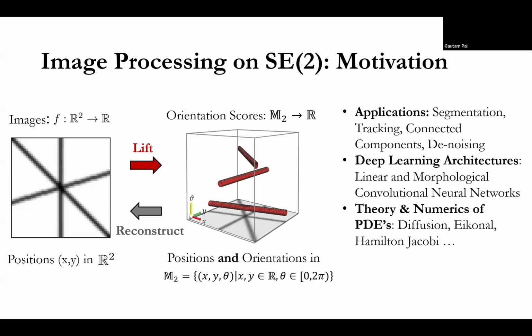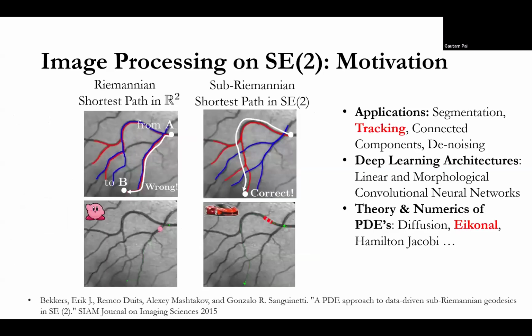And most things we like to do with images, we now would like to do in this lifted space. So for example, when we talk of applications, you may want to do tracking. Let's say you have an image of a vascular tree-like structure shown here, and given a seed at point A and a target at point B, you want to find the shortest path that goes from A to B. There are innumerable ways to do this.